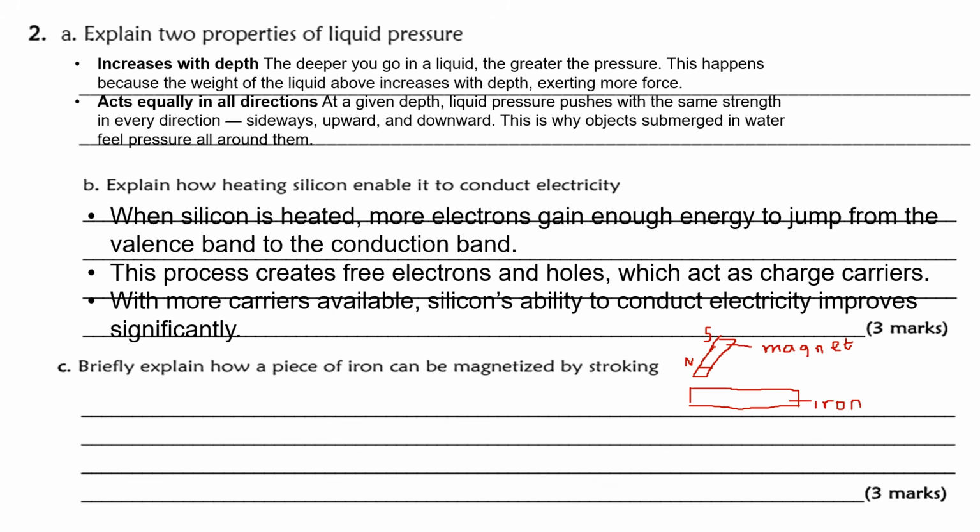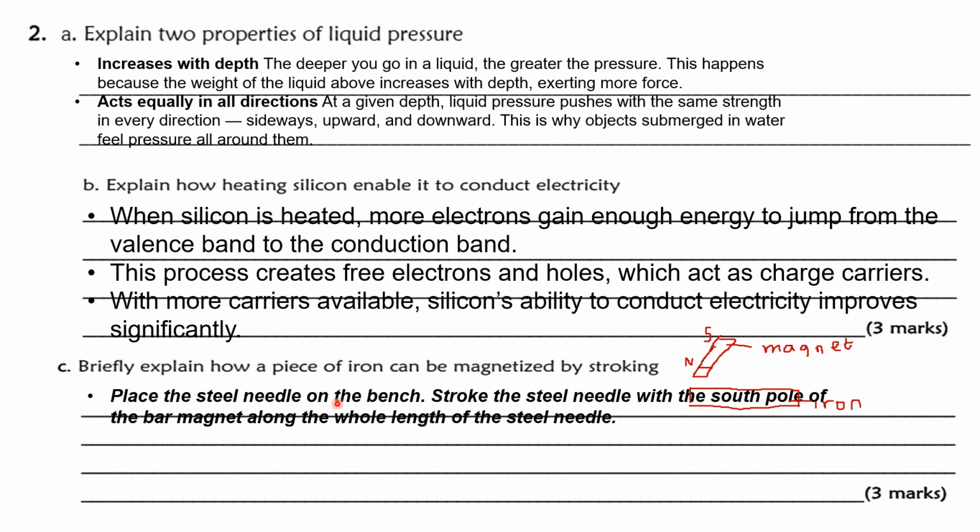All right. So you place the steel needle on a bench like this. Then stroke the steel needle with a south pole. All right, so this needs to be south pole according to the description here.